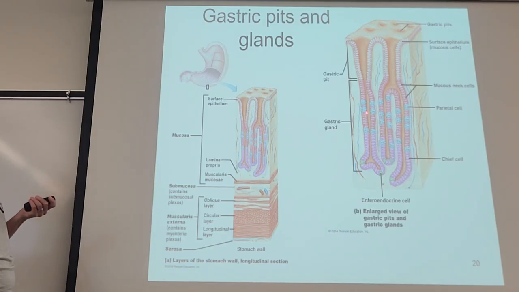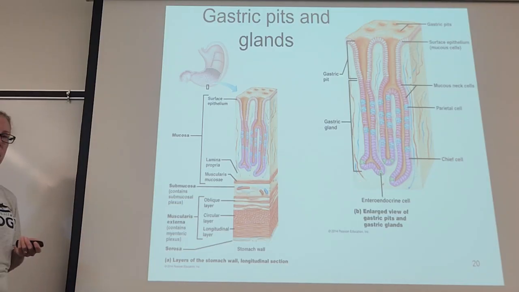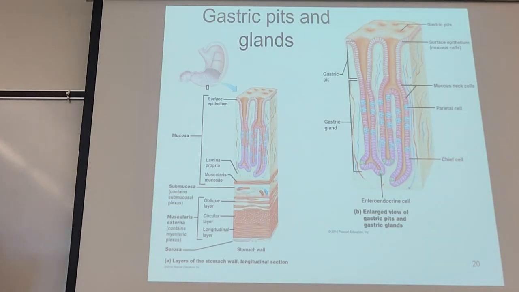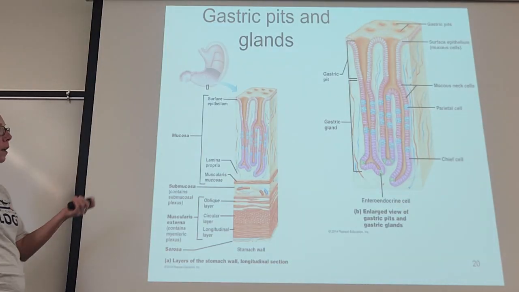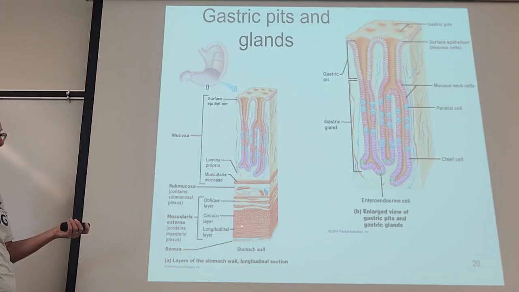So once you go deeper, then you enter a gastric gland, okay? And gastric glands have special cells. And these cells are going to secrete things, okay? In this picture, okay, even deeper in the muscularis externa here, because we're talking about the stomach, there's an oblique layer, okay?